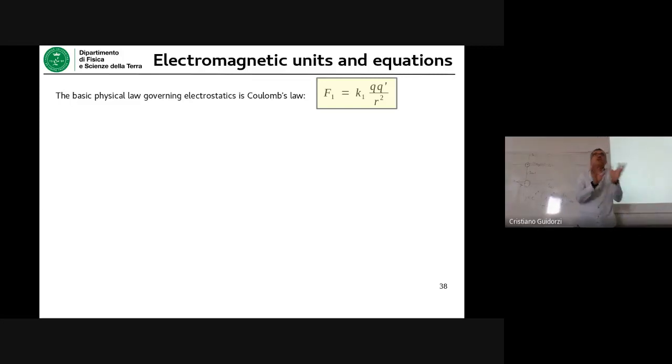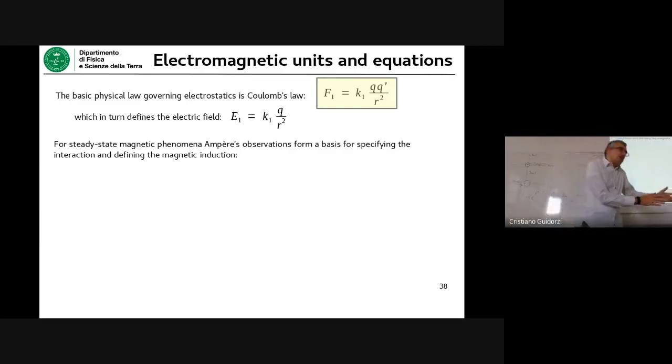I mean, the value of K1 depends on what kind of choices you make. There are different possibilities, and that's indeed what happens when dealing with different systems. Of course, having defined K1 from Coulomb's law, as a consequence, also the electric field unit is defined, just F over Q.